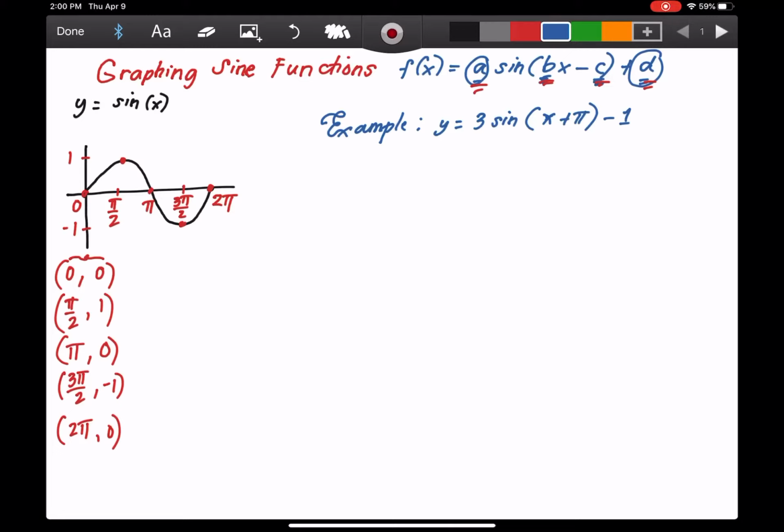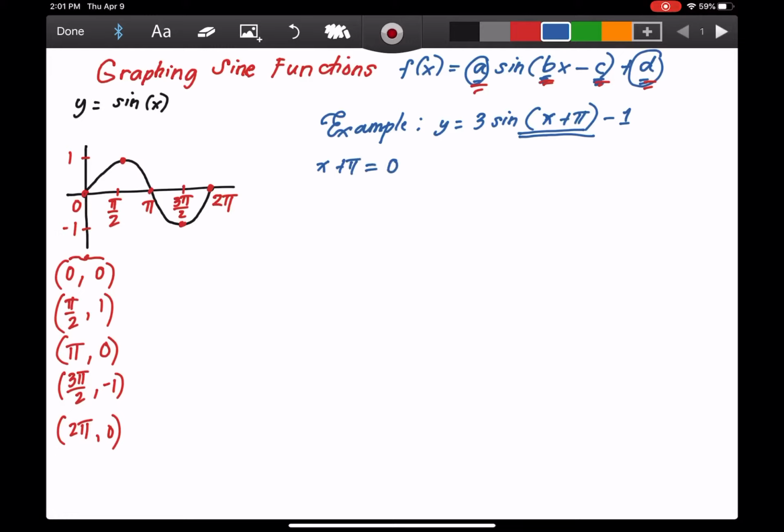Okay, so the first thing that you need to remember here is the phase shift. So where will we start the graph and where will we end the graph? First method: you should know first where to start the graph, in which x coordinate. So you have to get all of those numbers inside the parentheses, that's x plus pi, and we equate that with 0.